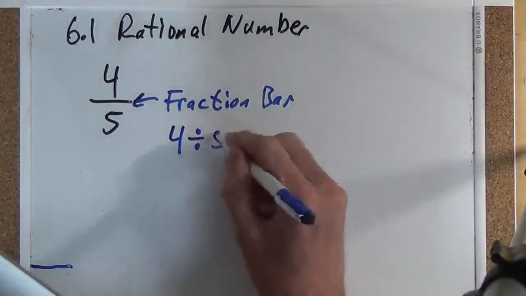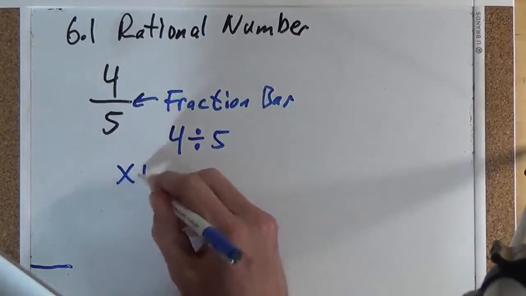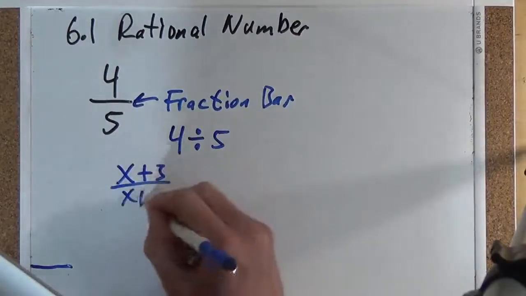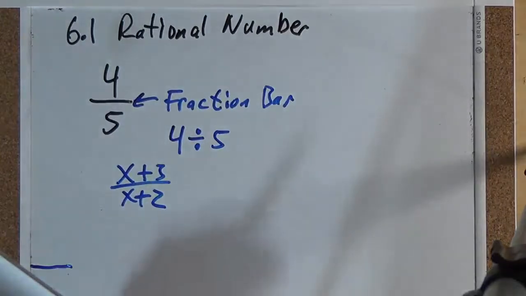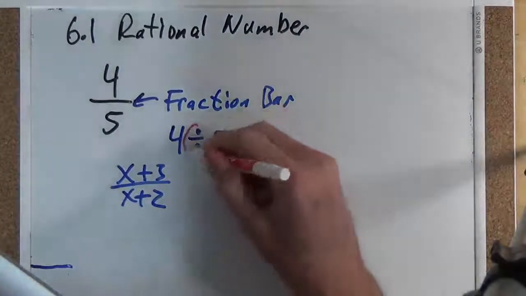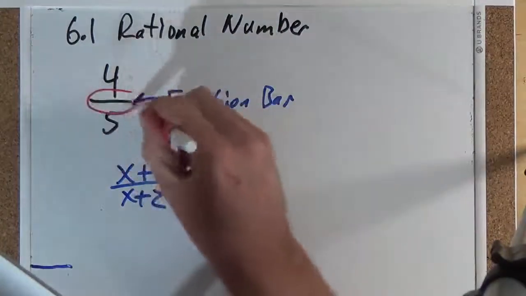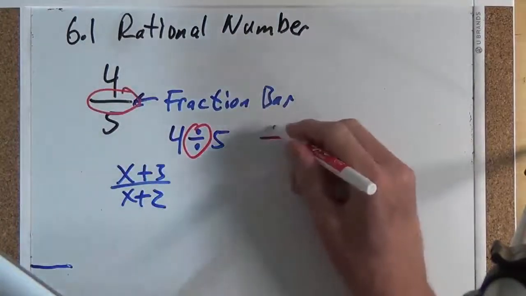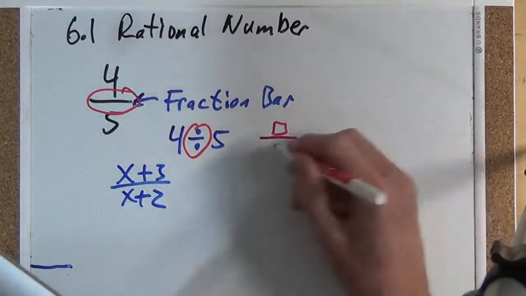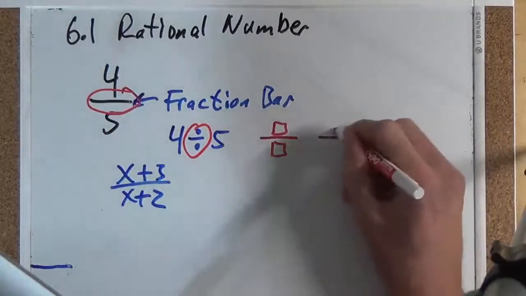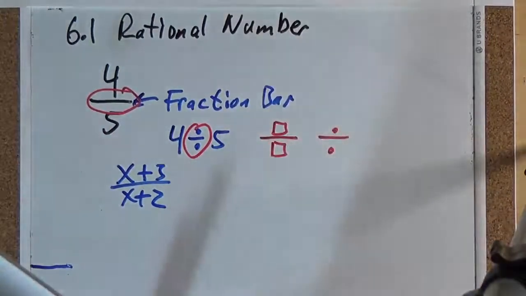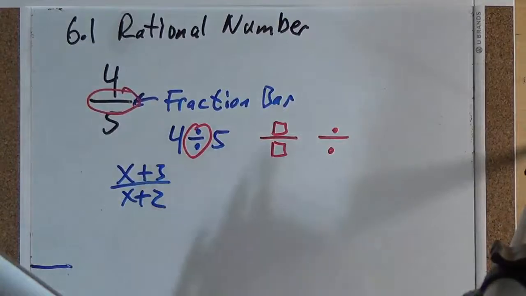It's like in algebra when I have x plus 3 divided by x plus 2. And now here's a cool, interesting thing. The division sign is really the fraction bar, but we don't know what the numerator is and we don't know what the denominator is, so those little dots represent the numerator and denominator in the division symbol. There, you just learned something.